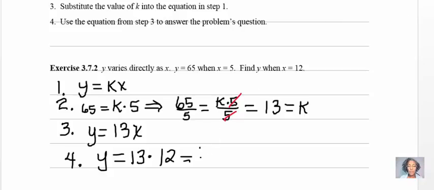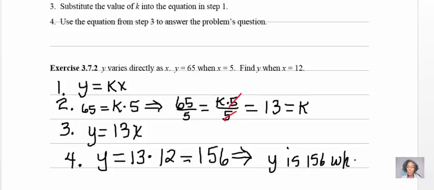We find this is 156. These are a type of application problem, and we always want to give our results for our application problems in words. So y is 156 when x is 12. That would be our final result on that one.